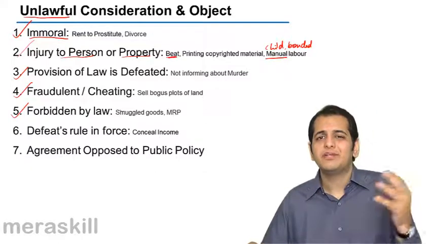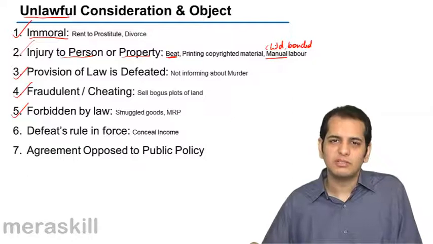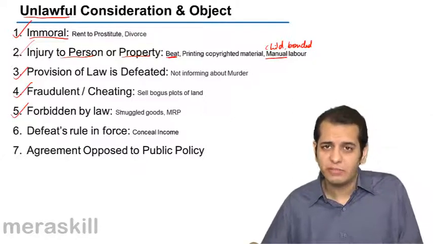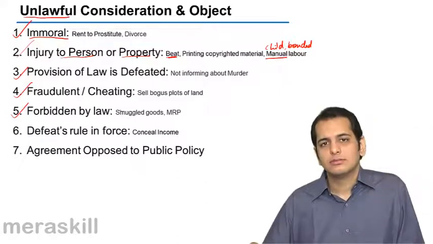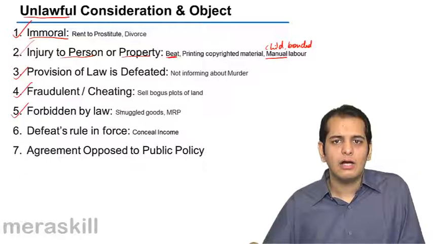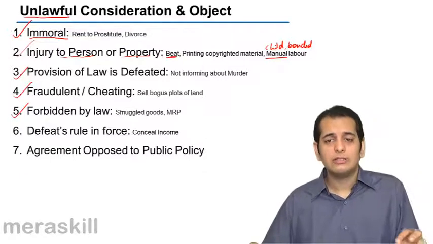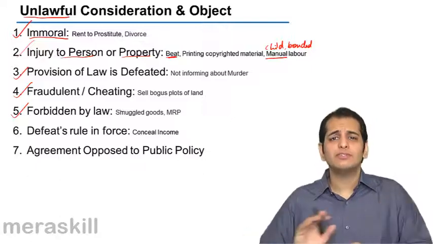You would have seen in various movies that gold is being smuggled, arms and ammunitions are being smuggled in India and out of India. Such contracts are unlawful because smuggling is expressly prohibited by law. Law says you cannot smuggle.